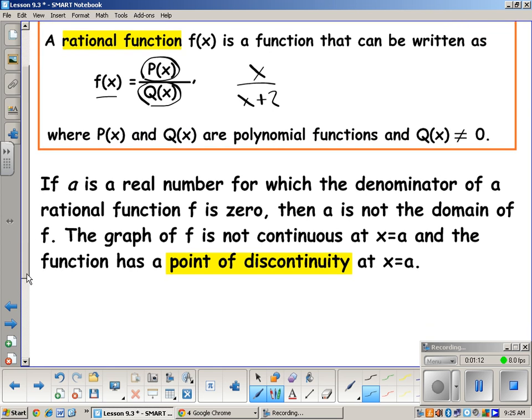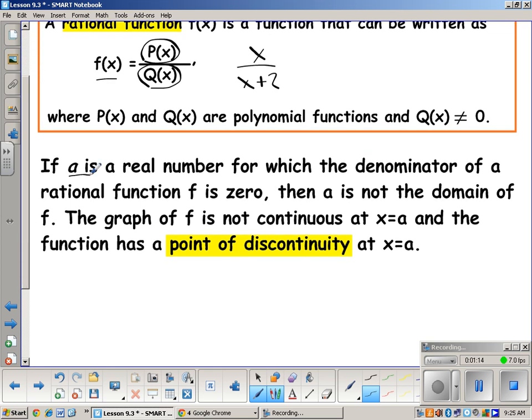All right? And then down here it's saying, a little typo on what we had originally there, if a is a real number for which the denominator of a rational function is 0, a situation like this. What's the value of a here that makes this 0? Negative 2.